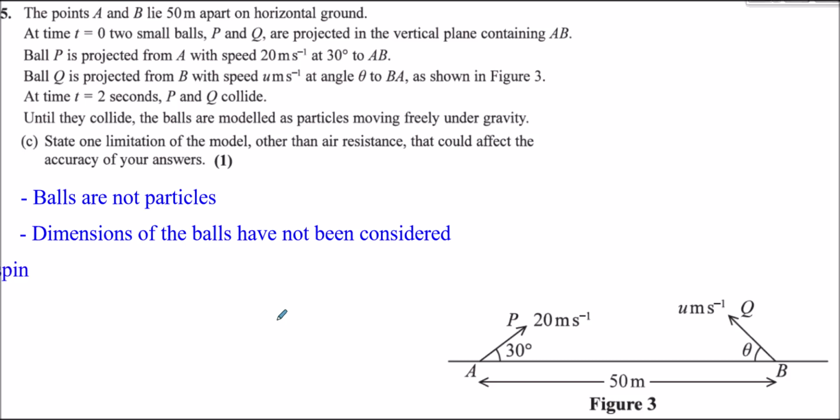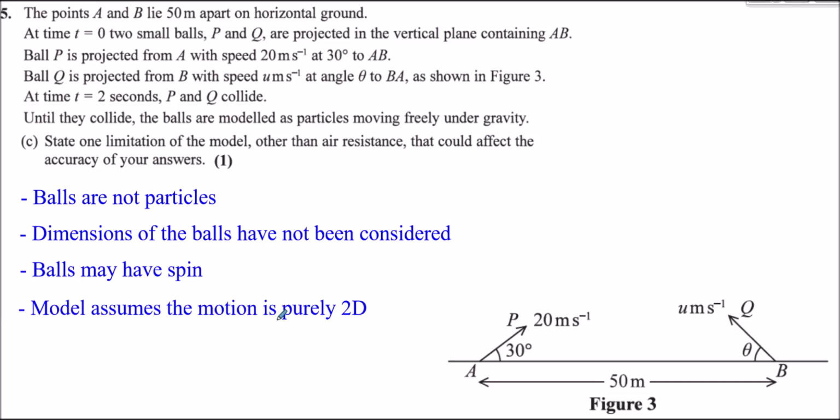Something else you could have maybe said, the balls might have spin. So although they're considered point particles, they still could have spin and other twisting forces and things going on, which could affect the actual outcome and the accuracy of our answers. As well as that, we could have simply said something like this. The last one's probably my favourite one that I'd go for personally.